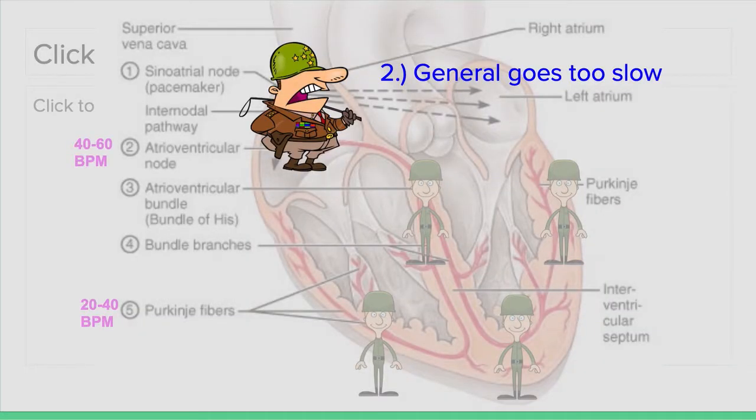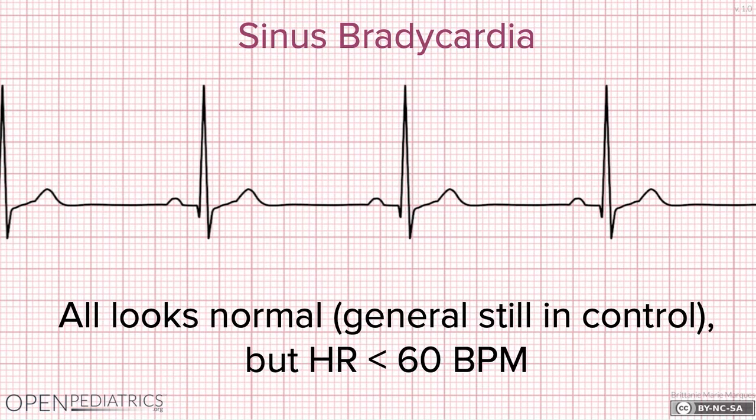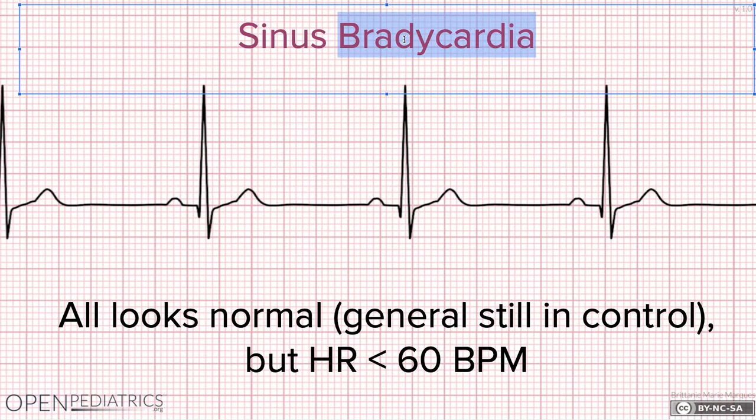Okay, now let's see if our general is going too slow. Everything looks normal again, P wave, QRS, T, but now you'll notice that I have very infrequent heart rhythms. In ECG talk, slow heart rate or slow rhythm is called bradycardia.